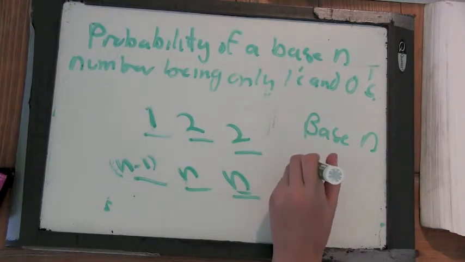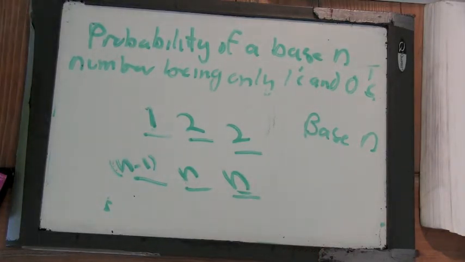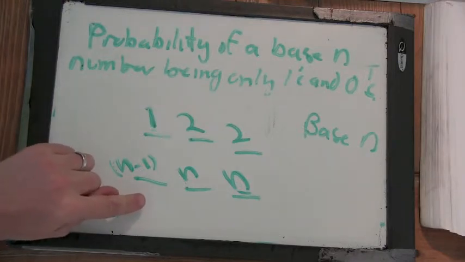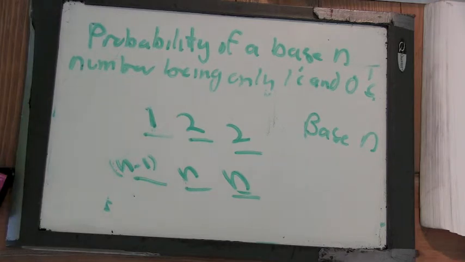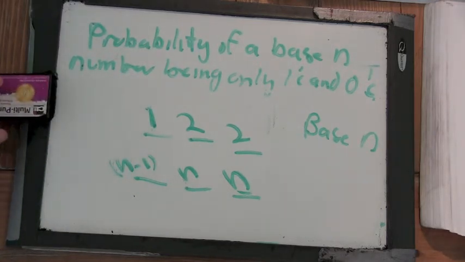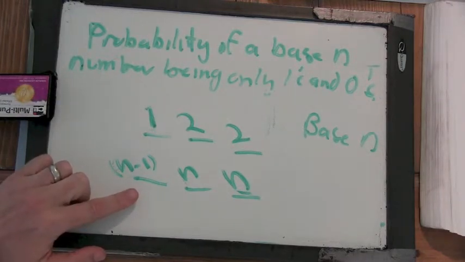Wait, hold on. Why would it be n minus 1? For the first digit, why is it n minus 1? For base 5, you could use 4.